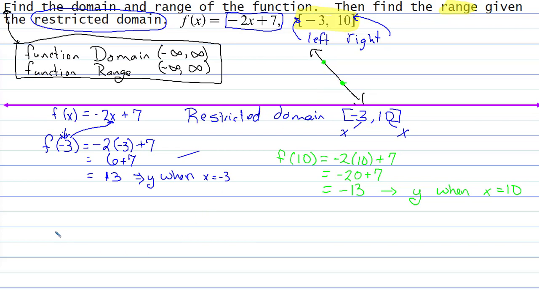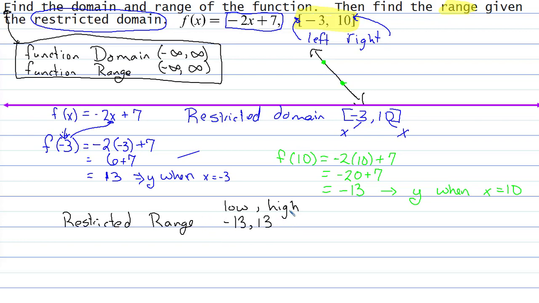So when we're listing our restricted range, one of those is my highest value and one of them is our lowest value. And so my lowest value, because when we do range, remember we go low, comma, high, was -13. Comma, my highest value was +13.